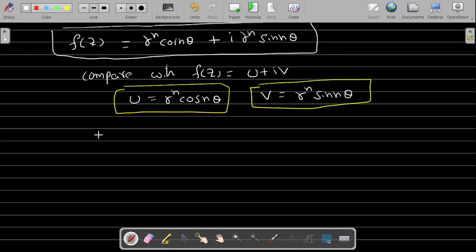Now dou u by dou r: partially with respect to r, the differentiation of r power n is n into r power n minus 1, and cos n theta stays as it is.